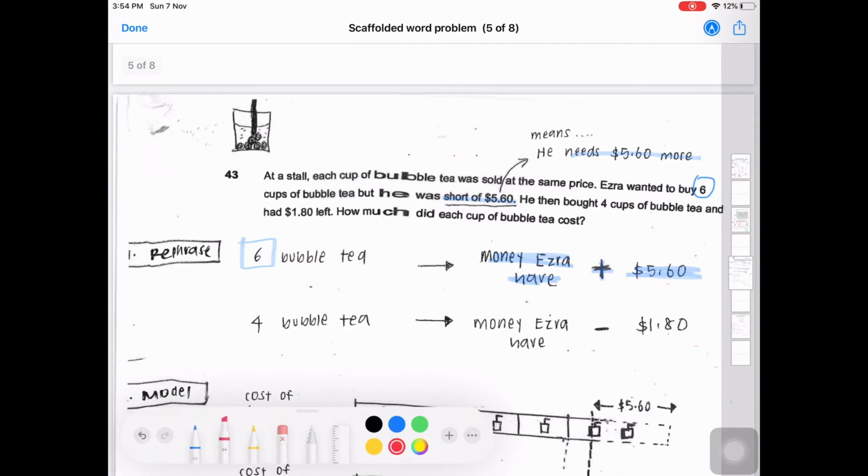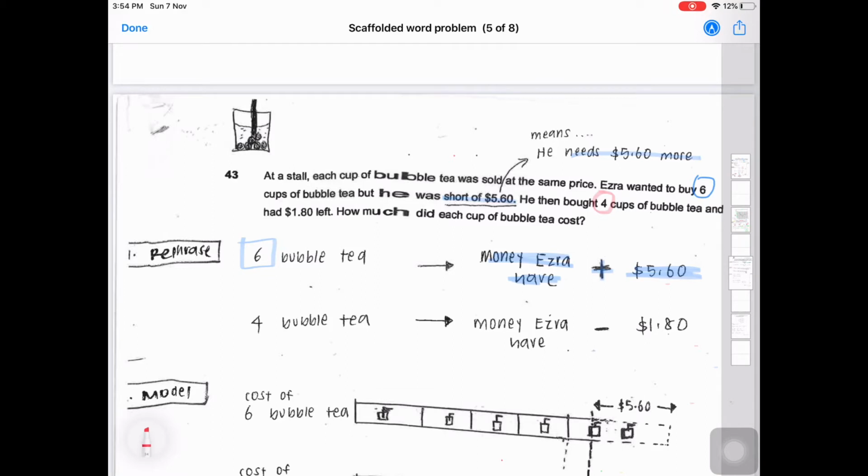Now he's smarter. Instead, he bought 4 cups instead. So to afford the 4 cups of bubble tea, he needs to use the money he has. This time round, after he used his money, he is left with $1.80.